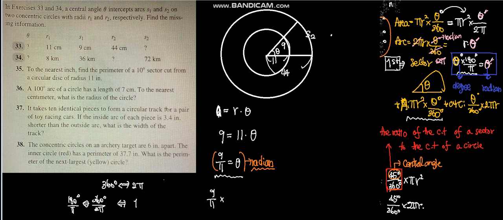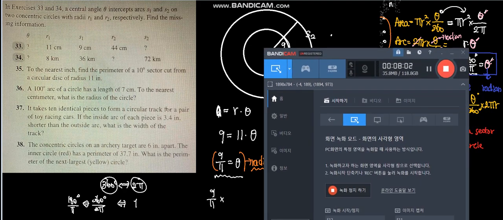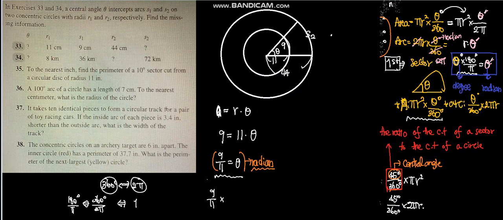Because going from here to here, how do you get there? Oh, no. It's 180 over pi. Yeah, I made a mistake.